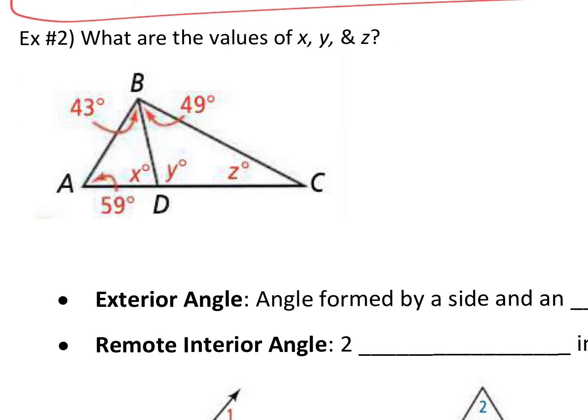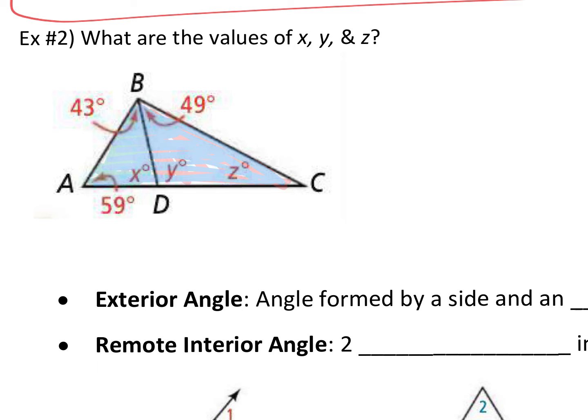Okay. So X, Y, and Z are what we're trying to solve for. You need to look for triangles. How many triangles do you see in this picture? 2. 3. There's 3, right? There is this triangle, there is this triangle, and then the whole thing, this triangle.